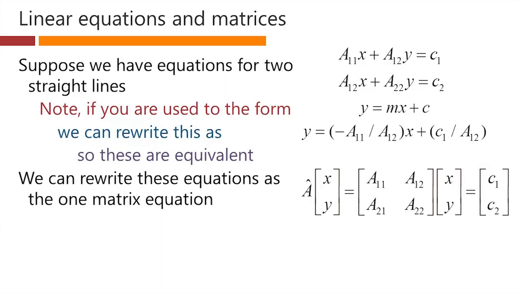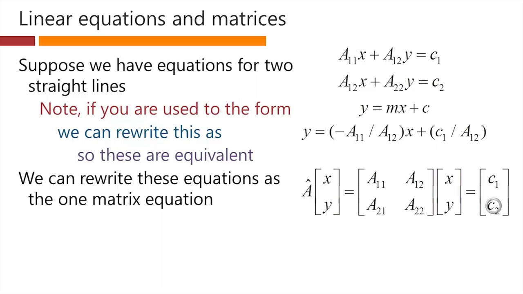So for example, if we multiply this top row here by this vector, we get a11x plus a12y equal to c1. And similarly for the lower row here, a21x plus a22y equals c2.